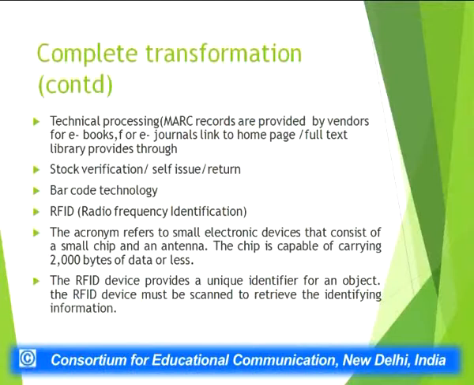Now, in the online environment, with regard to e-books, MARC records are made available by the vendors, and they are easily loaded into the OPAC of any library. And for e-journals, links to the home page are provided and full text is easily accessible. The library provides the link to the home page or full text of the journal through the automated software which it uses.